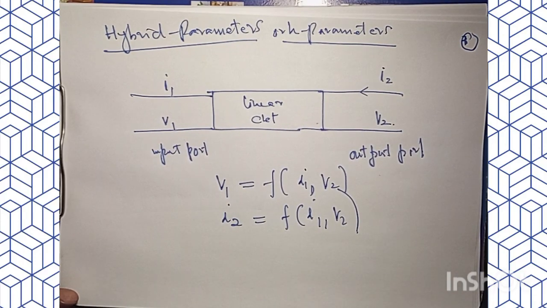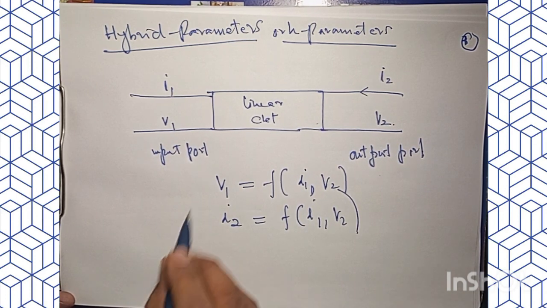Clear? Now, as this network is operated with an AC signal, when we say AC, that means there is change. So there are changes involved in these quantities, and changes can be written mathematically by writing the total differential of that function.